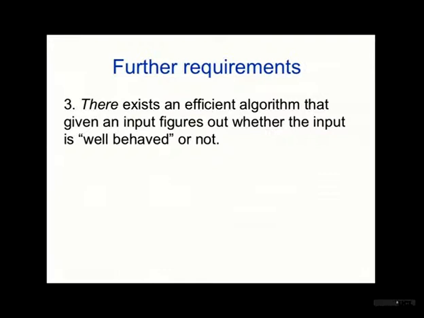If I have an algorithm that is only guaranteed to work on nice inputs, and you get some input, maybe you are unlucky and this input is not nice, it would be very good if you could just look at the input and tell me, okay, don't run your algorithm, it's bound to die.